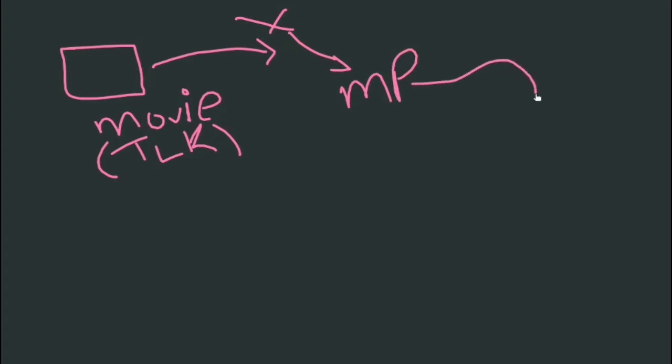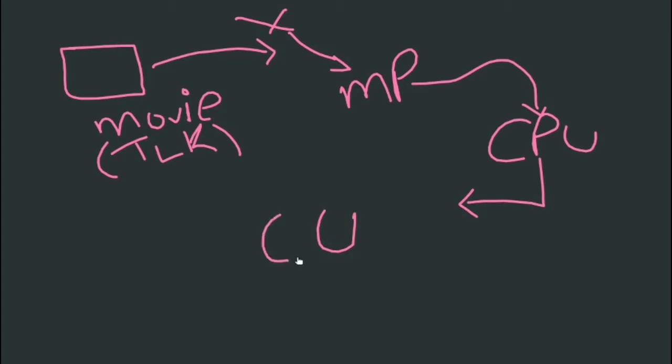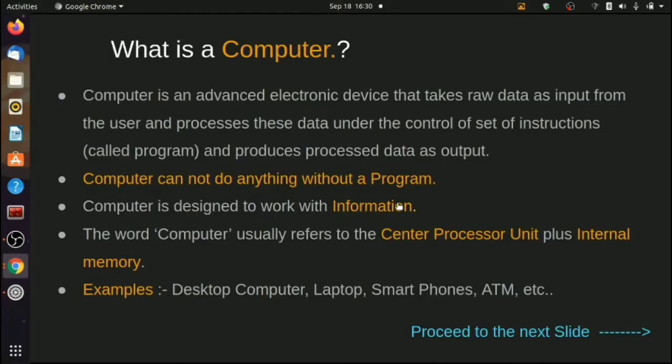In that case, what happens is that this instruction, the instruction of double clicking on the movie file, gets transferred to the CPU, and the CPU responds saying cannot open file. Now what does that mean? It means that the computer did not have the program with which it can play a movie.